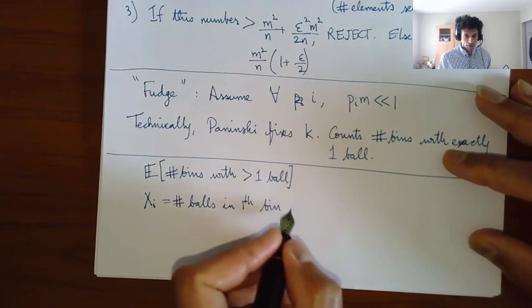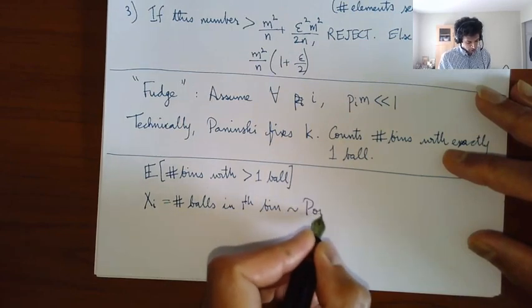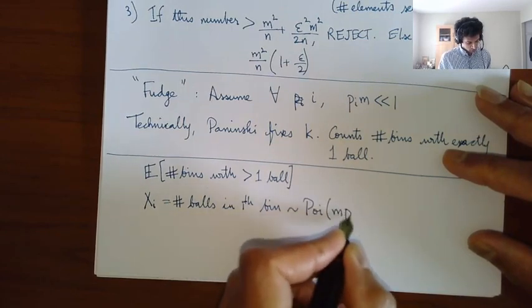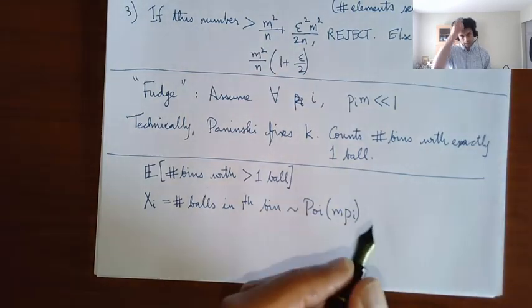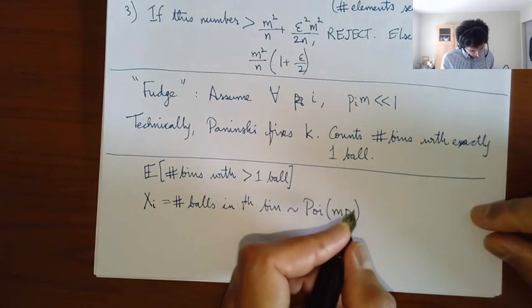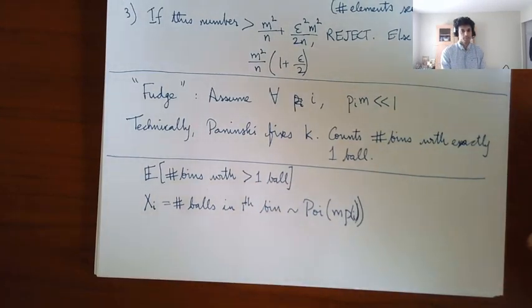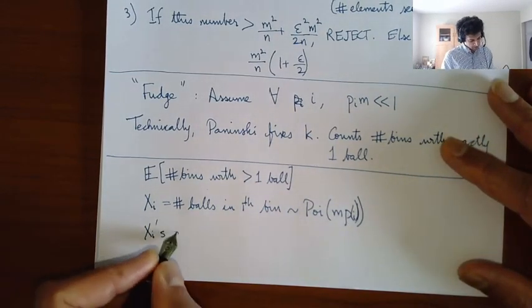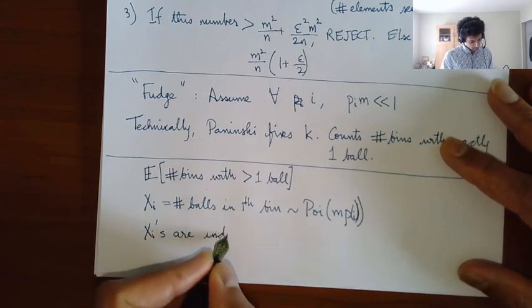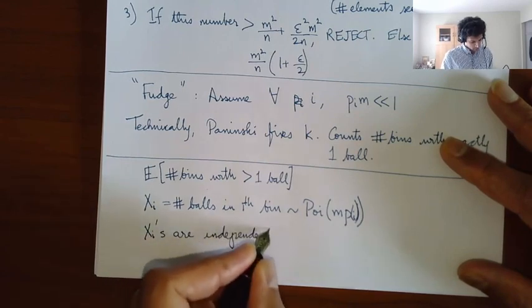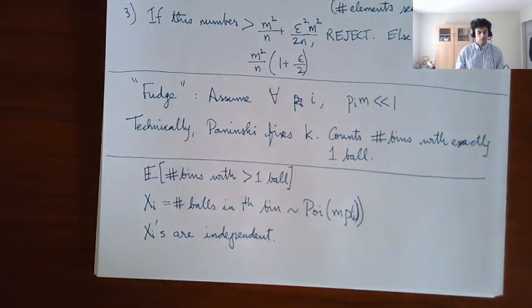So by Poissonization, this is generated according to a Poisson with m pi. I think I've been using the notation there, m pi. And the xi's are independent.